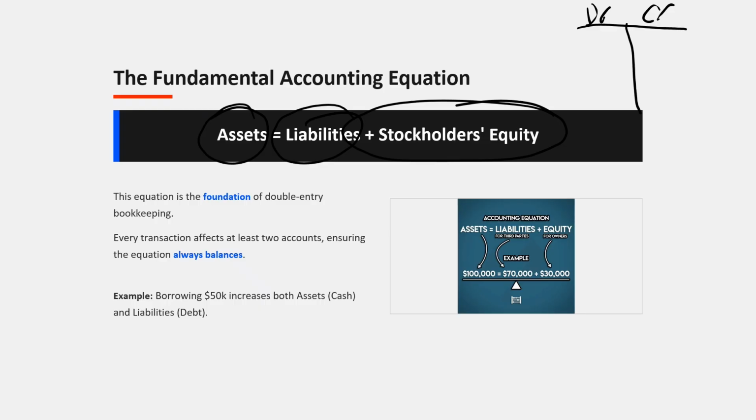So we can give an example here. Let's say we have a company, and our assets are equal to 100K, and we have 70K liabilities, and our equity, the remainder, is 30K. Let's say we purchased a car and we got a loan for that. We bought an asset worth $50,000. Our assets increased by 50,000, so they became 150.